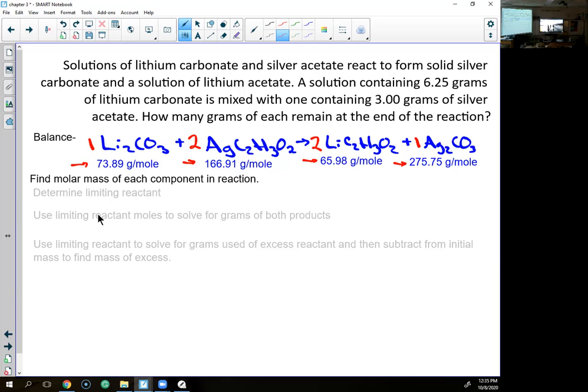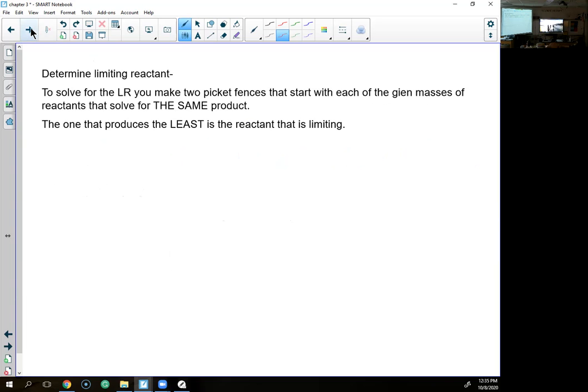Okay, the next step is to determine the limiting reactant. To solve for the limiting reactant, you make 2 picket fences that start with each of the given masses of reactants that solve for the same product.